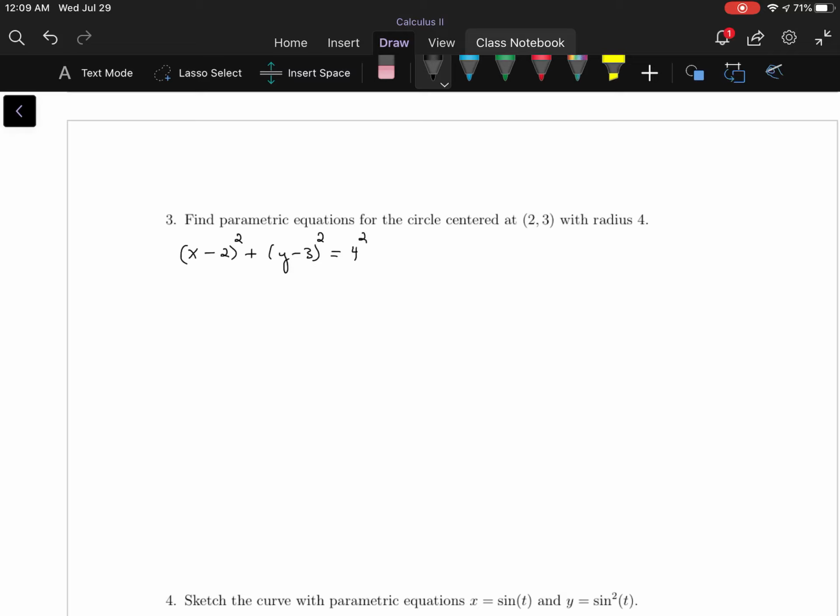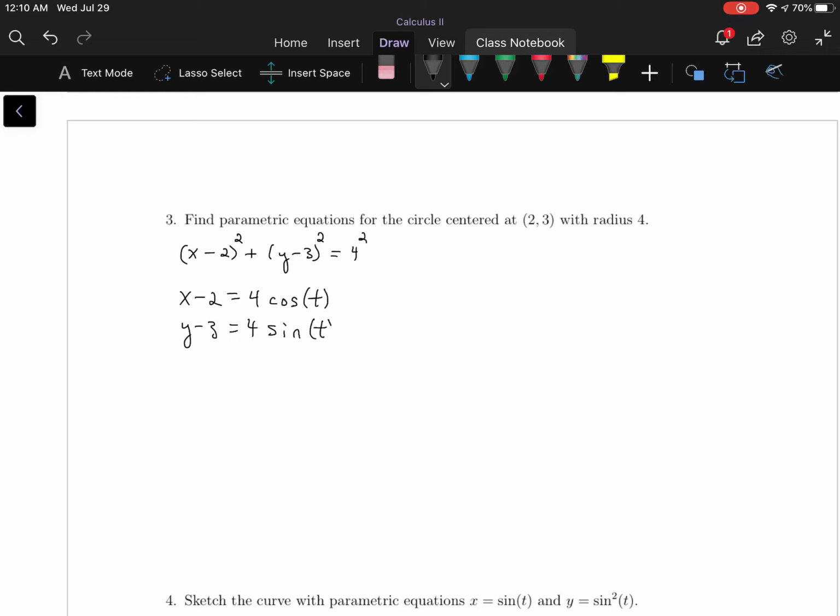And I might decide to declare that, well, sine squared plus cosine squared is what we had in the past problem. So I'm going to choose that x minus 2 is 4 cosine of t, and y minus 3 is 4 sine of t.